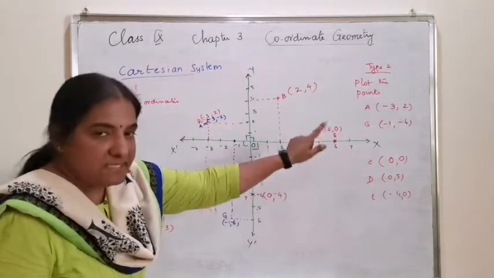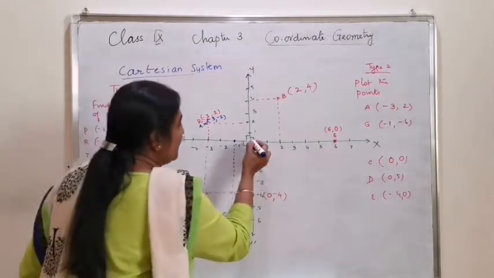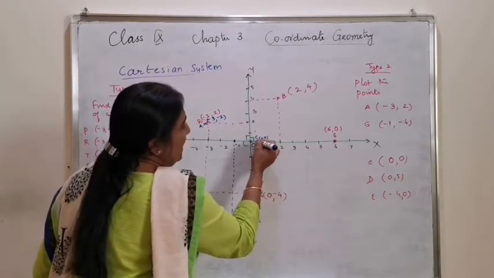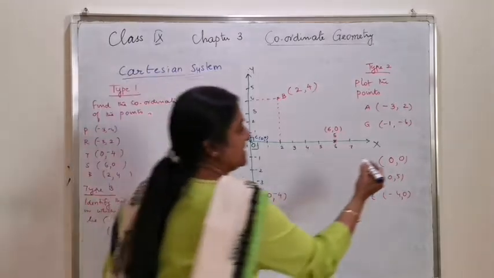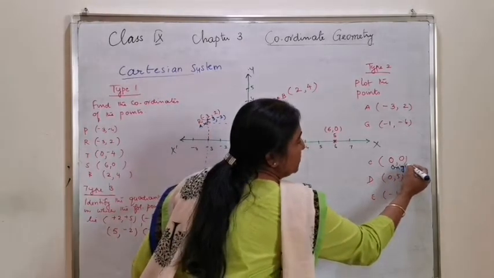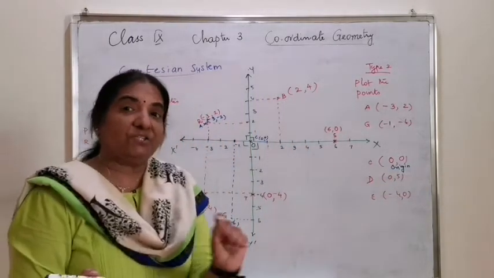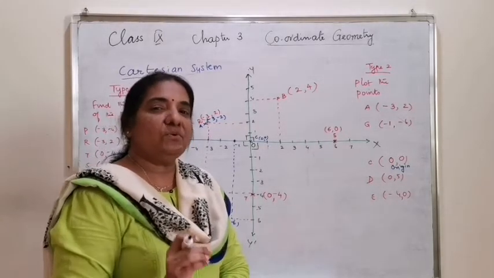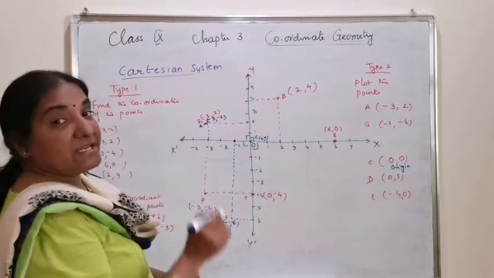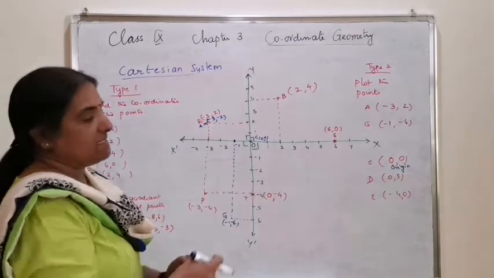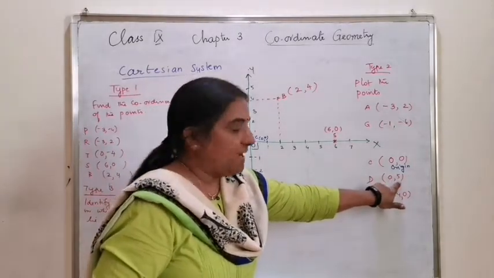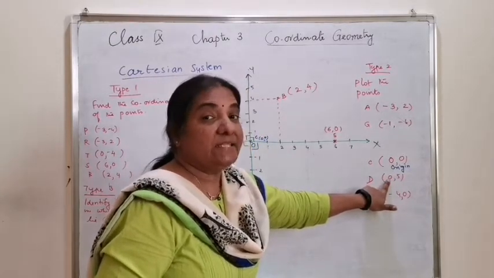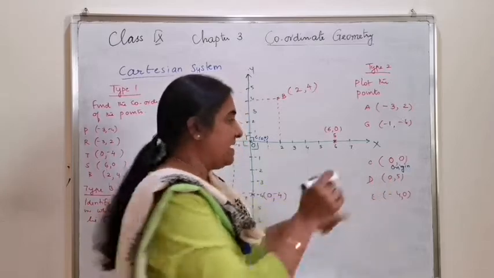Next point, (0, 0). This represents (0, 0), and we also call it the origin. So, what is the coordinate of the origin? The coordinate of the origin is always (0, 0). Next is (0, 5). That means the point (0, 5) has x coordinate 0, so this point will lie on the y-axis.